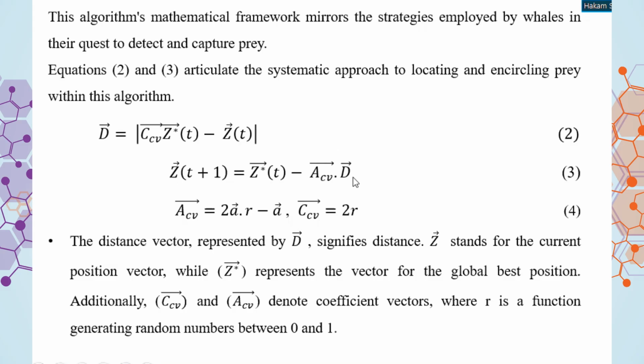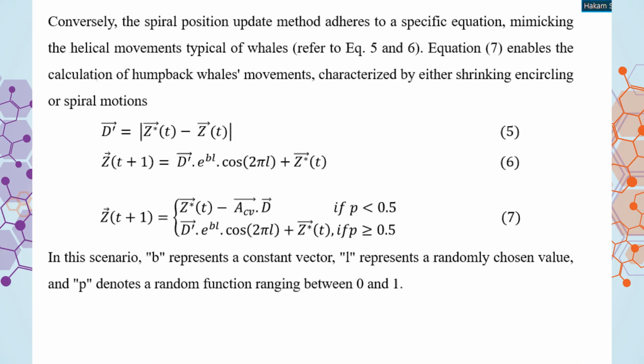Another one finds the best positions and the different types of vectors that they are using. So these are the equations that are generally used for the different perspectives when the humpback whales are in movement, or they shrink, or they make spiral motions, or they create a bubble net.